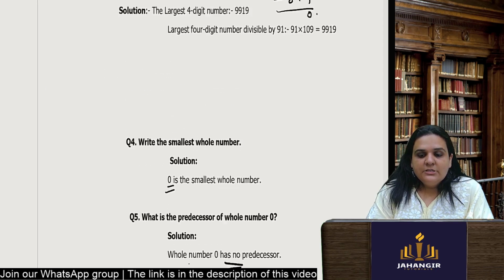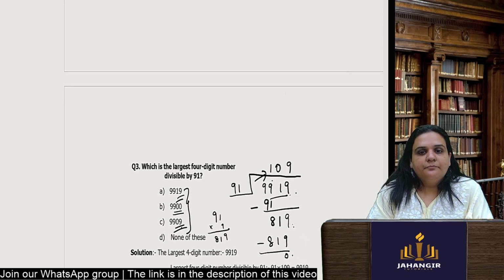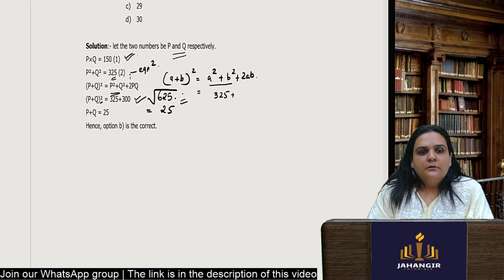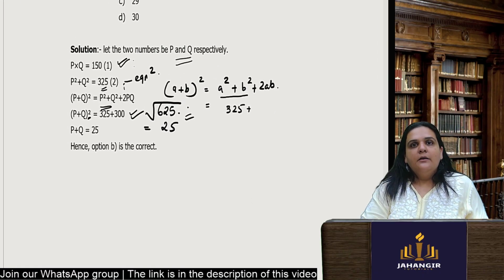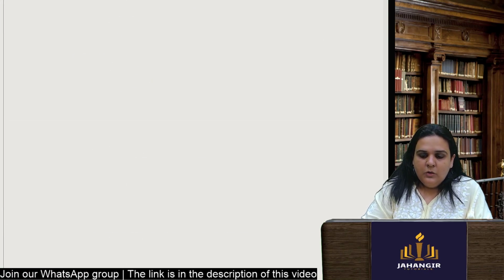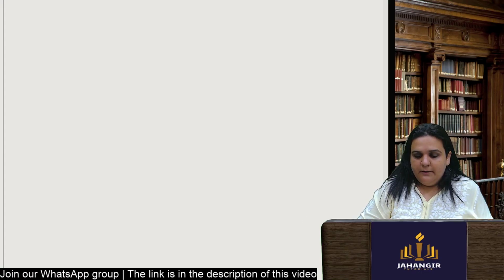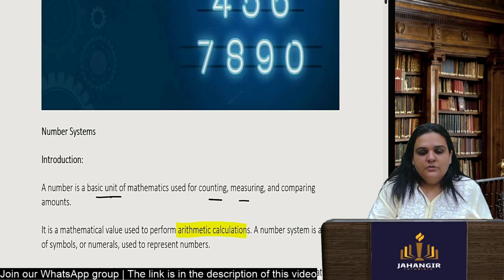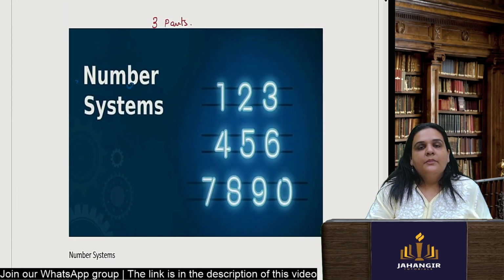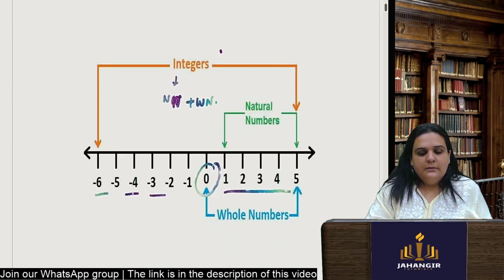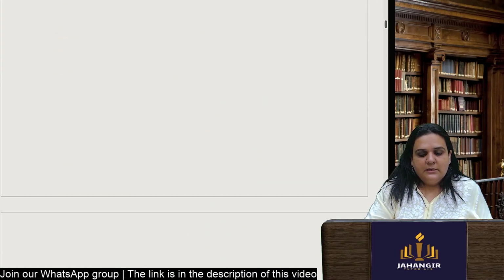Any questions, any doubts you all have in this chapter? This is the part 1, the types of numbers. So in number systems, this first chapter, types of numbers, is done.